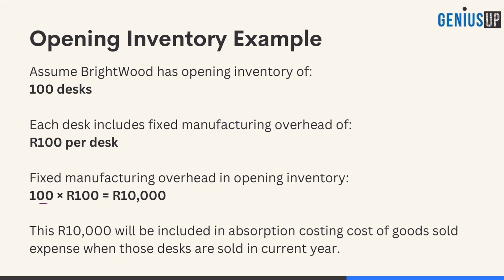This 10,000 Rand will be included in the absorption costing cost of sales when those desks are sold in the current year, meaning that absorption costing profit will be 10,000 lower than variable costing profit. Why? Because this 10,000 that was sitting in opening inventory is going to be expensed this year under cost of goods sold.